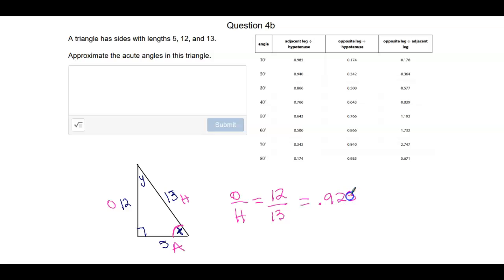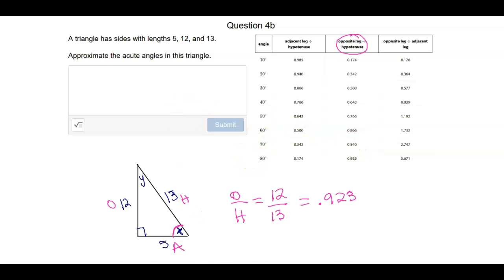Now we have to make sure that we look in the correct column. So we're looking in the opposite hypotenuse because those are the two that we used for our ratio. And we're looking for approximately 923. Now it's really, really close to this one right here. So we can call this maybe 67, 68.